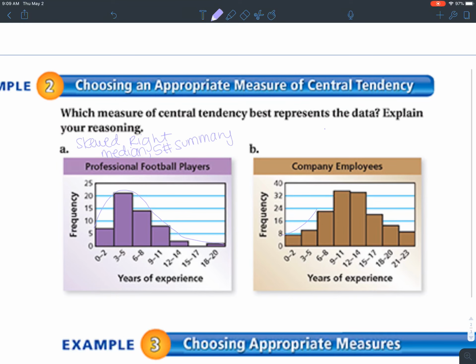This one is relatively symmetrical, so we want to use the mean and the standard deviation. Okay. All right, that's it for today. Let me know if you have any questions when you come into class.